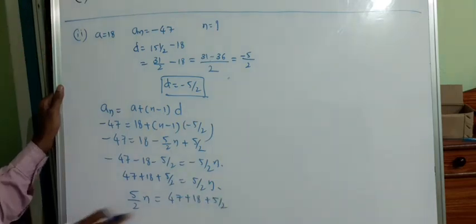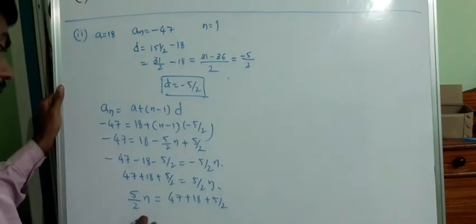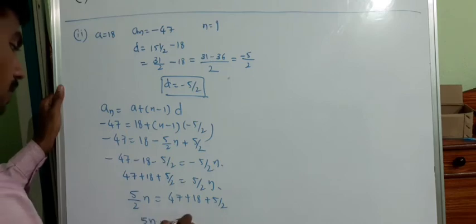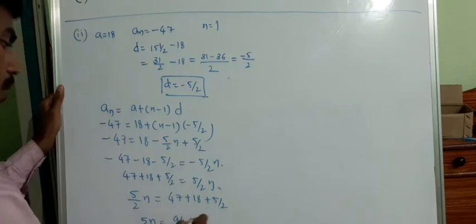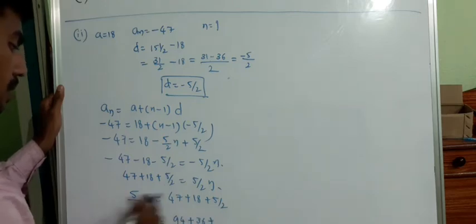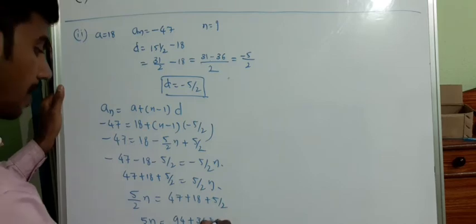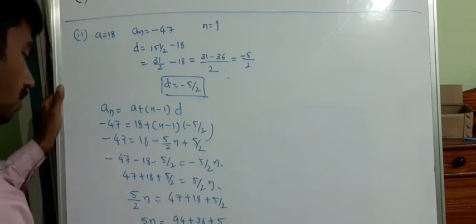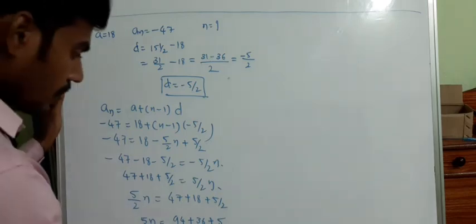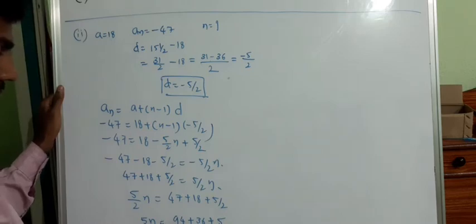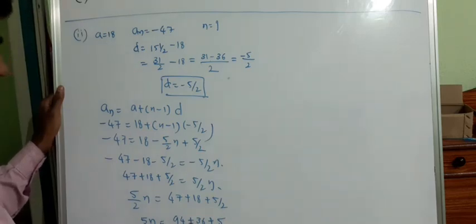This 2 I'll transfer to the right hand side. Then 5n is equal to 2 into 47, 2 7s are 14, carry on, 2 4s are 8 plus 1, 9, 94. 2 18s are 36. These 2 and these 2 will get cancelled, that will be 5. So 5n is equal to 36 plus 94. To make it 100 I need 6, 100, 130, 135.